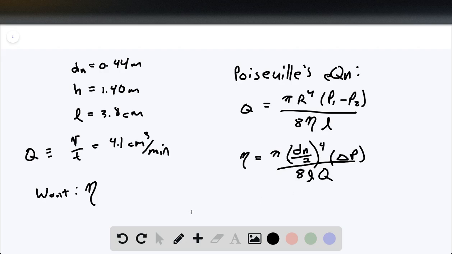So we can consider Bernoulli's equation, because we have pressure and potential energy coming into that. And we are also told the height of the blood above the needle in some other larger tube. So that makes us think about gravitational potential energy.